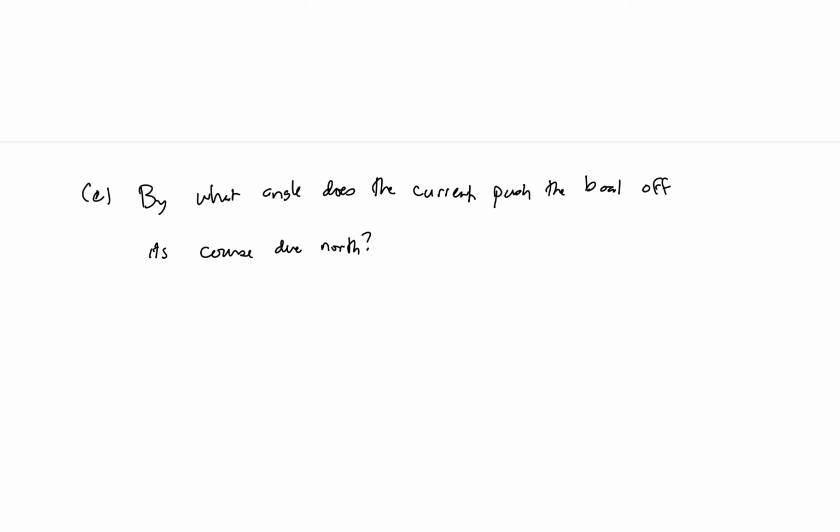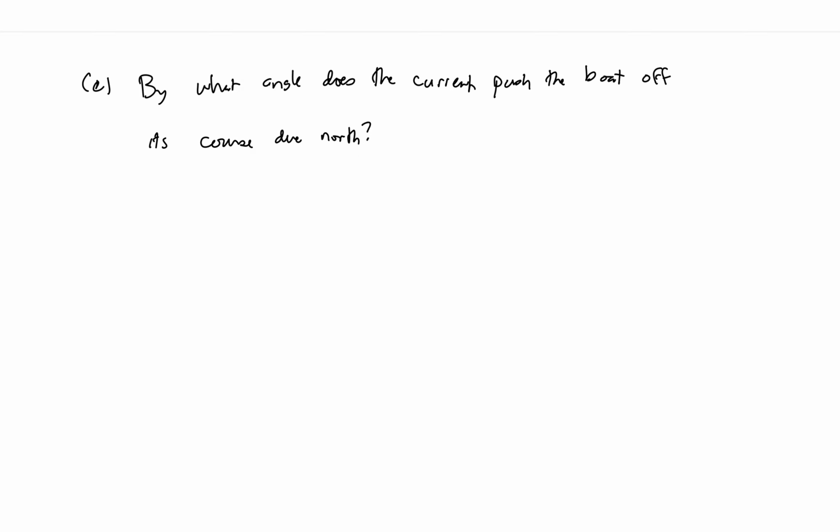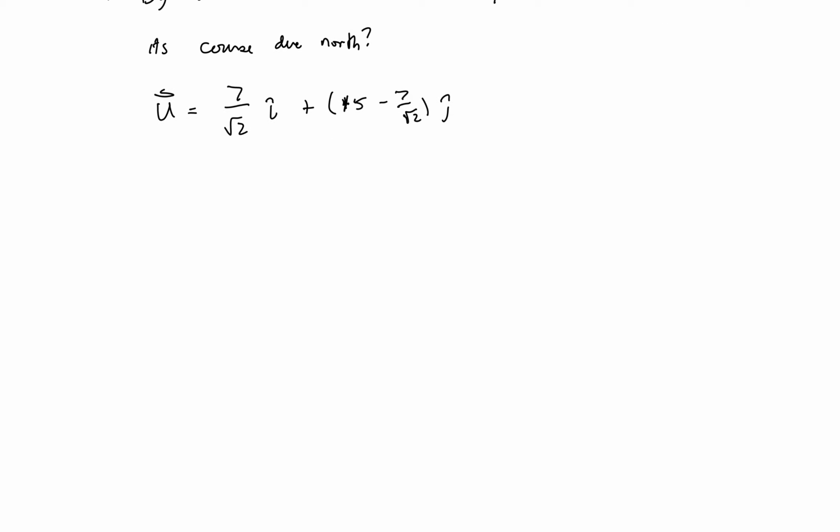So we want to say, what is the angle that will happen from that? So remember, we're looking at the boat plus the current. So we want this u vector. So what is the angle of this from due north?